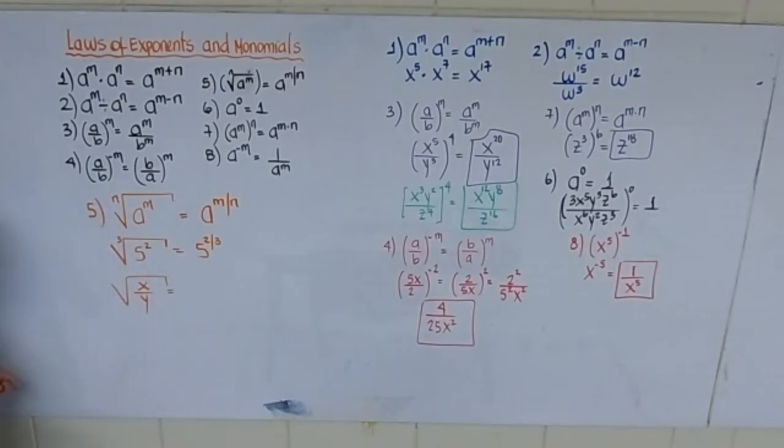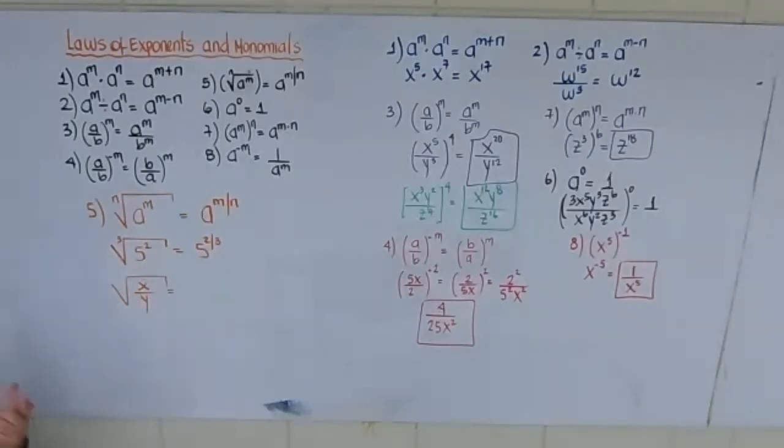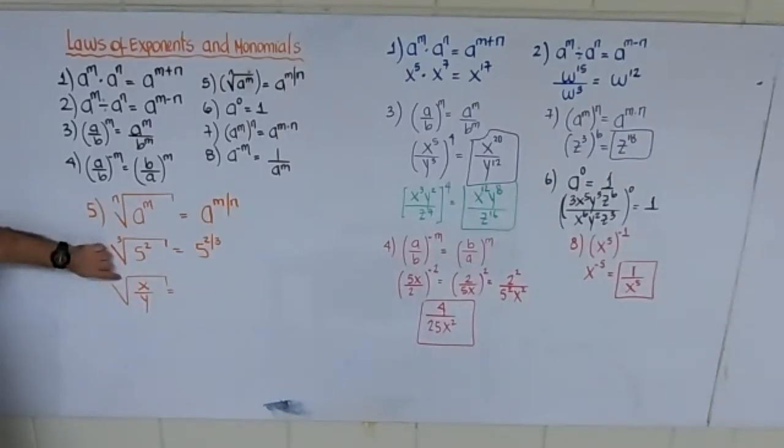Okay? Remember, we have to rewrite this expression into exponential form, all right? X and y have an imaginary number 1, and you don't see any number because this is a square root. The letter n will be 2. Whether we see it or not, the number 2 over here will always be 2, unlike when I write a number 3, 4, 5, 6, 7, or 8.